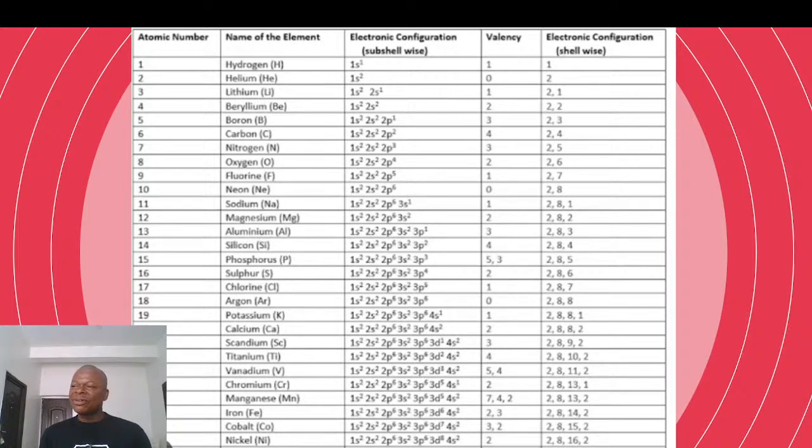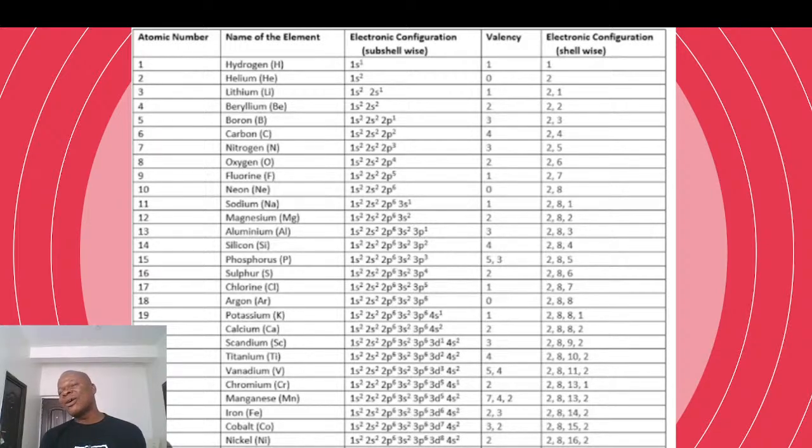If you look at sulfur, you have 1s2 at the subshell, 2s2, 2p6, 3s2, 3p4. If you add them up, that is 2 plus 2 is 4, plus 6 is 10, plus 2 is 12, plus 4 gives you 16.